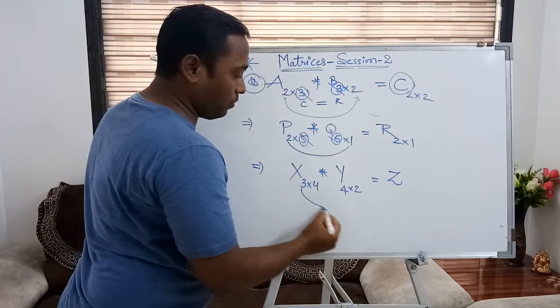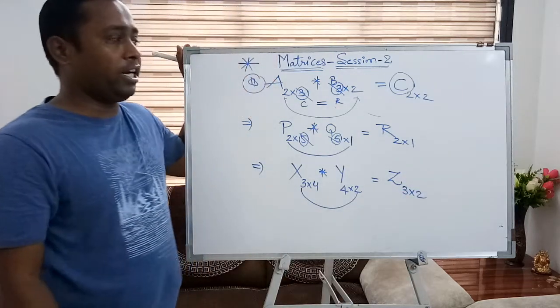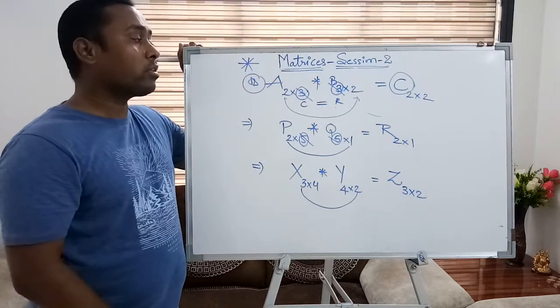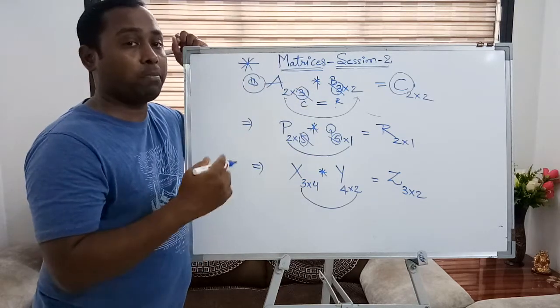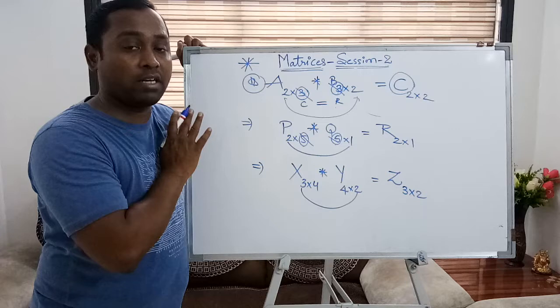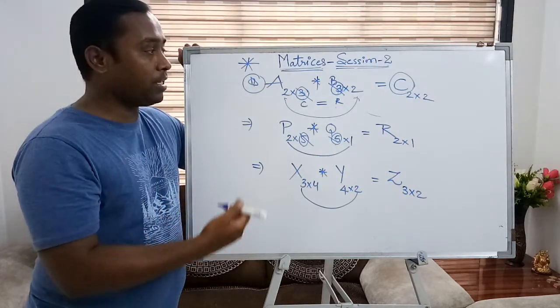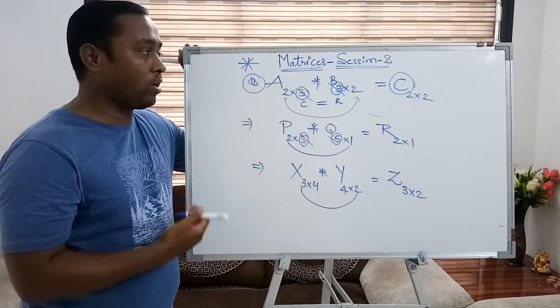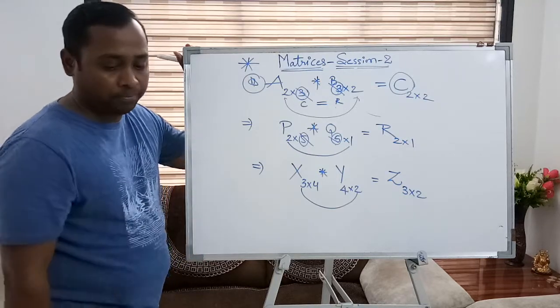Definitely it would be 3 by 2. If you understood this concept, then only you will be able to do the multiplication process, otherwise it is next to impossible. Now I am taking few examples of how we can multiply the matrices. Okay, try to understand.